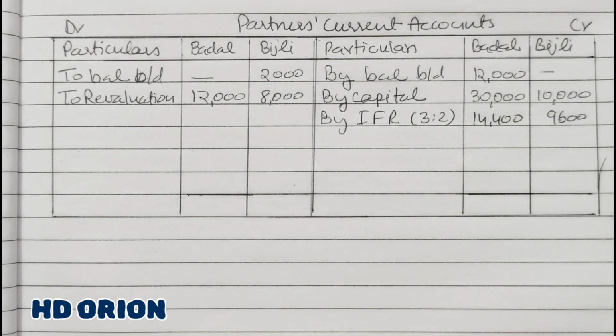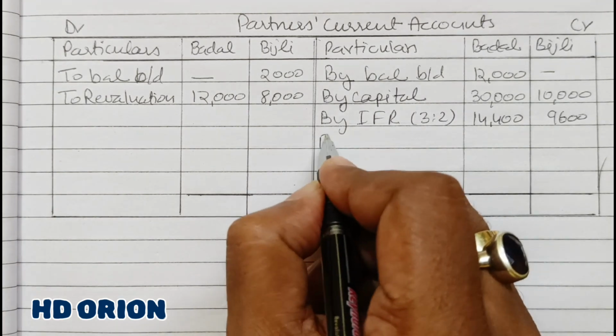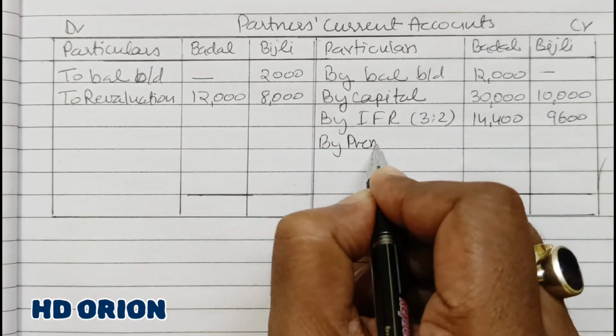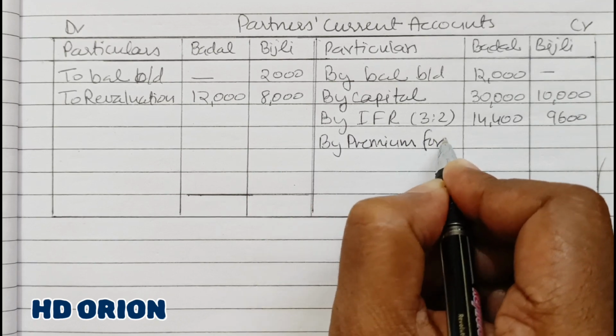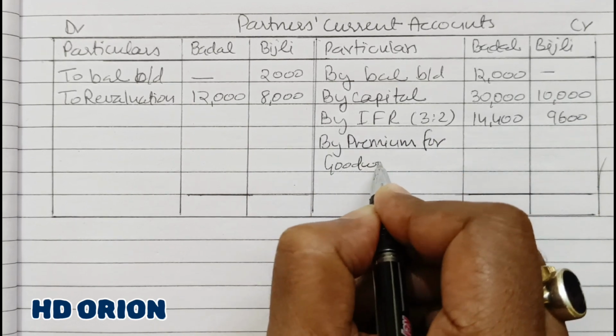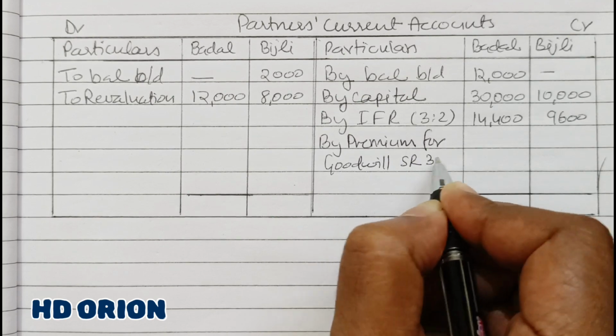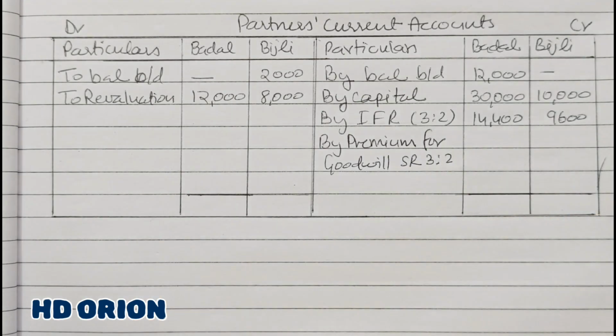What more? Yeah, treatment of goodwill. Raina is bringing rupees 12,000 as her portion of goodwill. So by premium for goodwill. Premium for goodwill is to be given in the sacrificing ratio, which is again 3:2. And premium for goodwill is nothing but compensation brought by the new partner to compensate the old partners for accommodating or sacrificing their portion of profit in favor of the new partner.